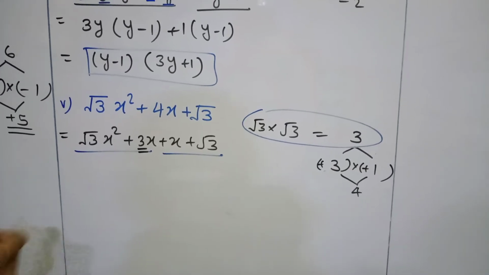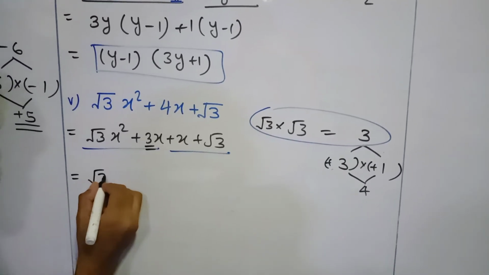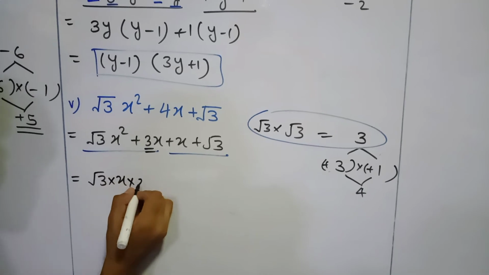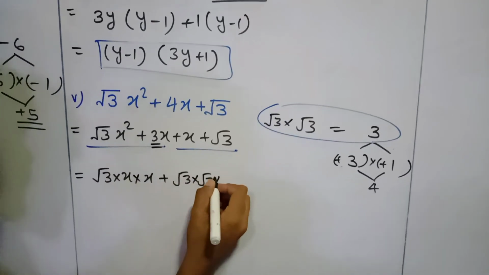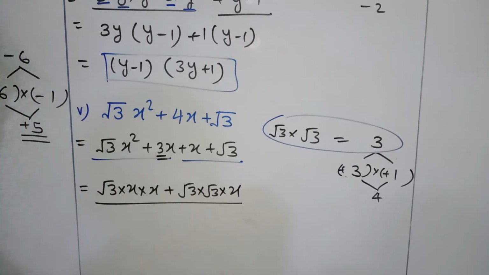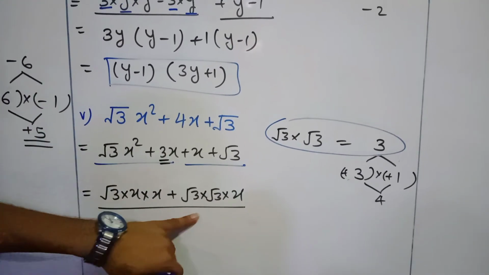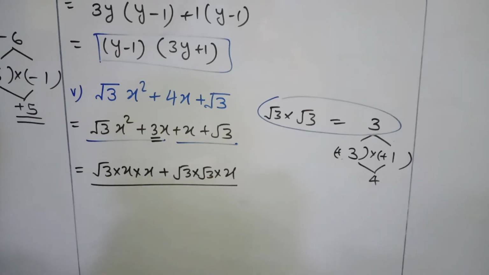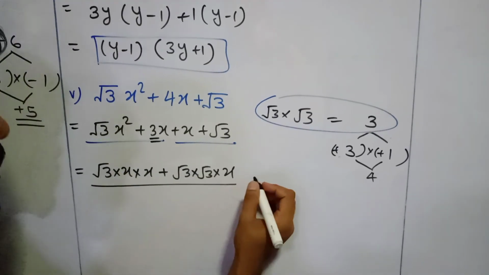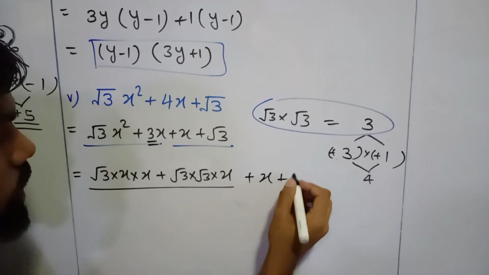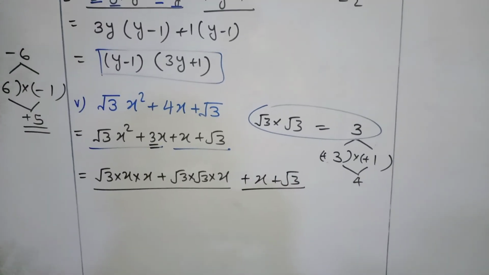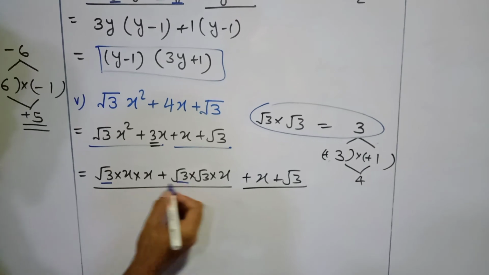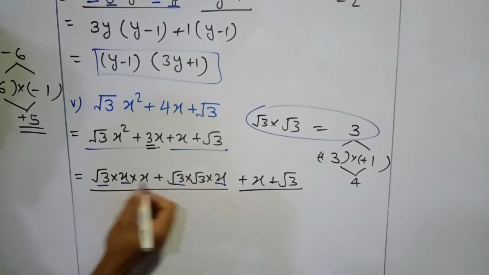Yes. So in the next line, root 3 into x plus root 3 into root 3. This way we expand this 3 in the form of root 3 into root 3, and in the second pair we have x plus root 3. Now let's check what is common. Root 3 x. Anything else?